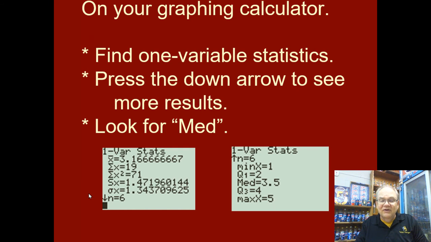And if you hit the down arrow a couple of times, you'll see a screen that says min x, q1, med. MED is the median that we're talking about here, and this time it's going to be 3.5. Now again, this will be the numbers that were stored in the calculator as opposed to what I did by hand earlier, so it isn't the same as what I did earlier, but 3.5 would be the median of 1, 2, 3, 4, 4, 5.